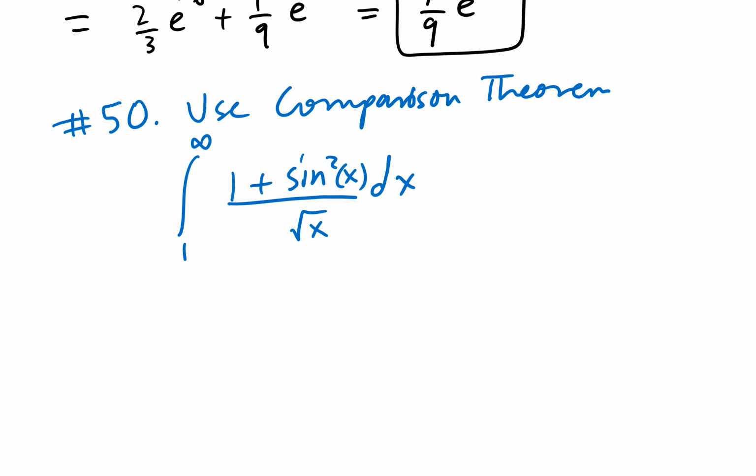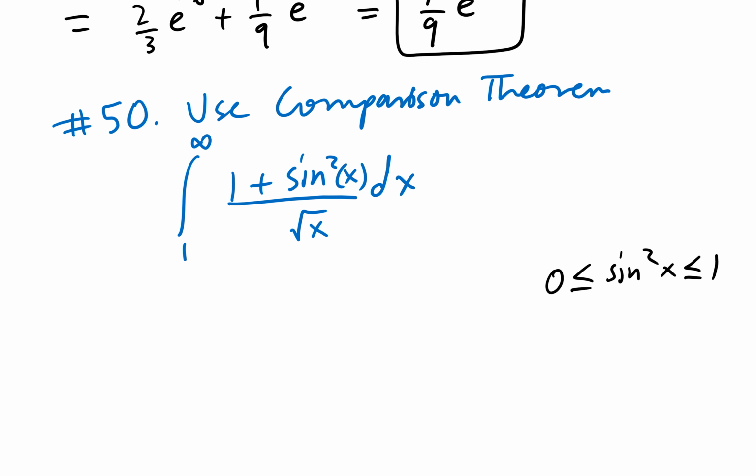So when we try to use the comparison theorem, x is bigger than 1, right? We know that sine x in general is between negative 1 and 1. It goes up and down. But sine squared is between 0 and 1, right?